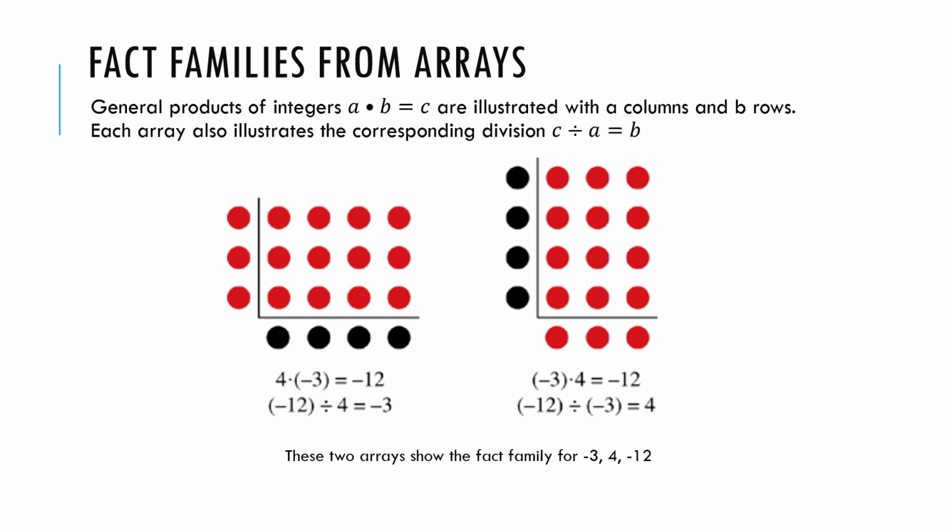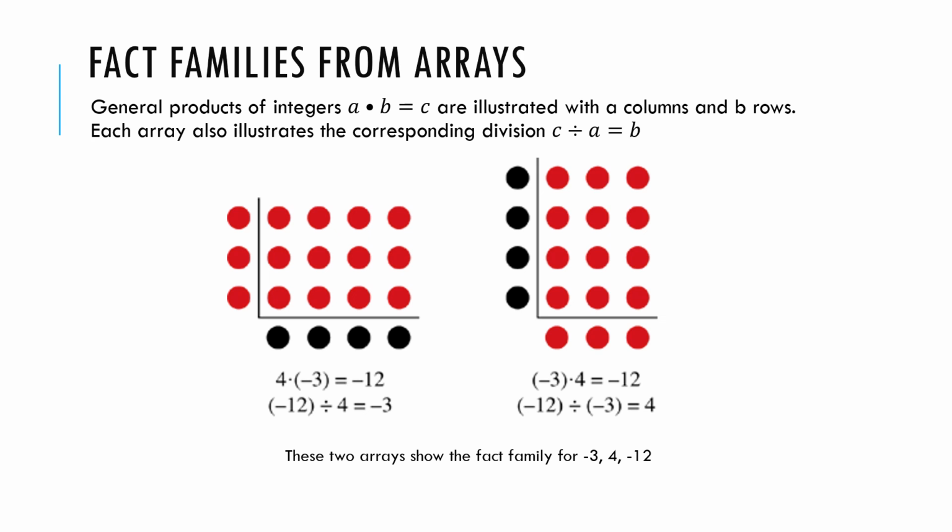Okay, here's a fact family, the fact family for 4, negative 3, and negative 12. When I'm dealing with a fact family for multiplication and division, I should have 2 multiplication equations and 2 division equations, and we can show them using these really nice fact family arrays.